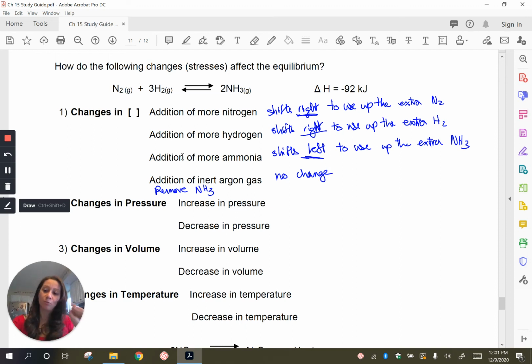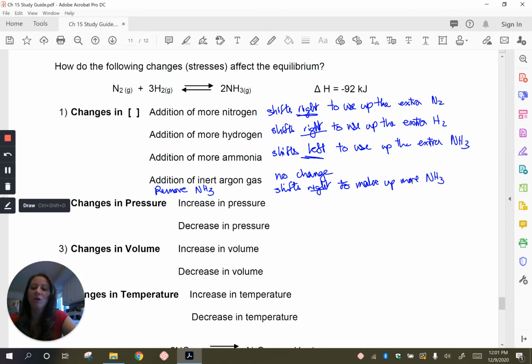So it's going to shift right to make more ammonia. So when you stress your system, it's going to shift to the side that would minimize the effect of that stress. Okay, let's look at pressure.